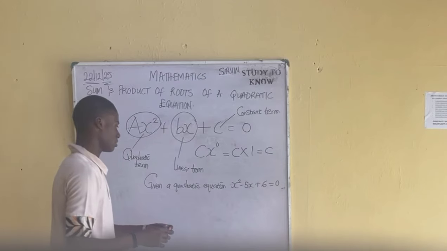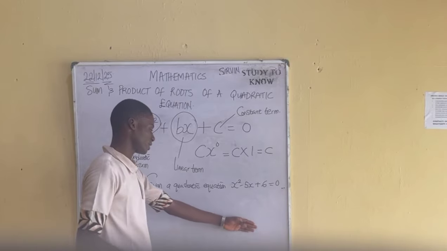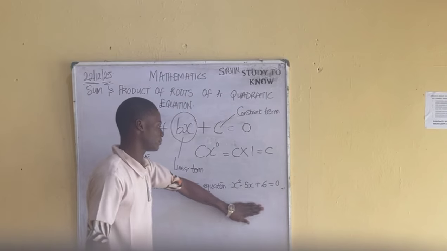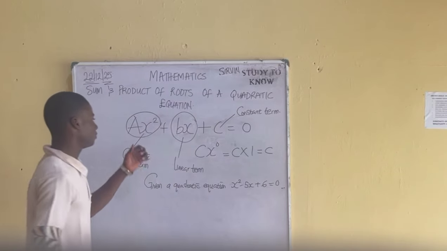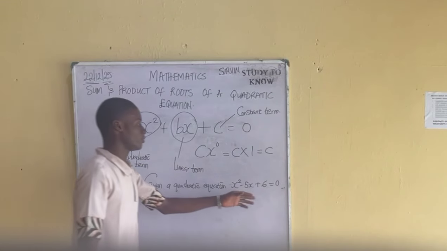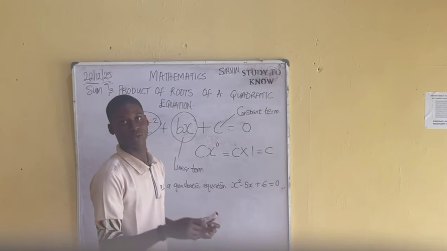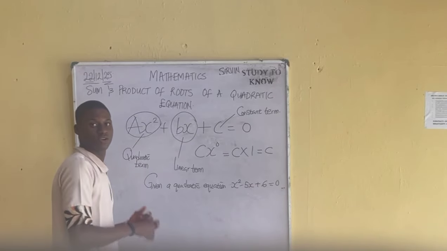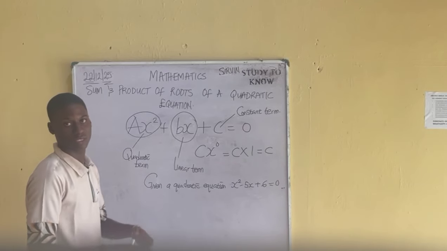Let's say this is an equation we are given, and we are asked to find the two values of x. You understand? Now, note, before you start solving any quadratic equation, you need to know the value of your a, which is the coefficient of the x squared, the value of your b, which is the coefficient of the x, and the value of your c, which is the constant term.